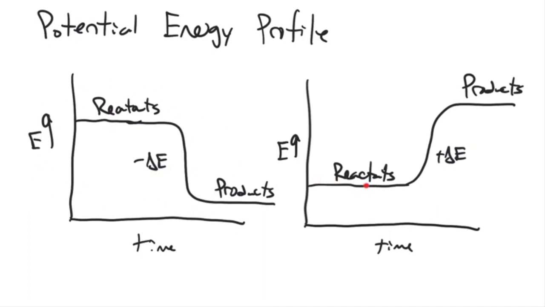But some chemical reactions, in fact, result in a product that is higher energy or less stable than the reactants. This type of reaction may be easy to reverse. We might have remembered from previous science classes that chemical reactions may be reversible. And these reactions may be reversible, but they do exist. But these are two different profiles of potential energy, one showing an exothermic situation and one showing an endothermic situation.